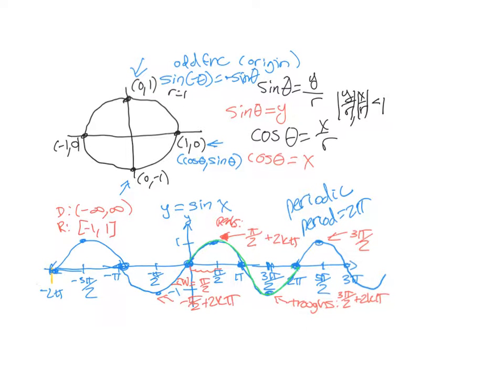If this here is theta, if I were to look at negative theta, well, negative theta would be down here. And if I were to take the sine of negative theta, as we know from our previous work, in this fourth quadrant, the sign is negative, so it indeed would be equal to negative sine, the positive version of that angle.